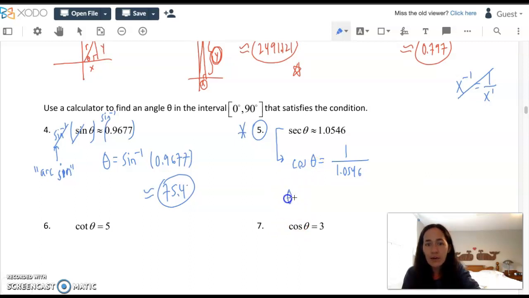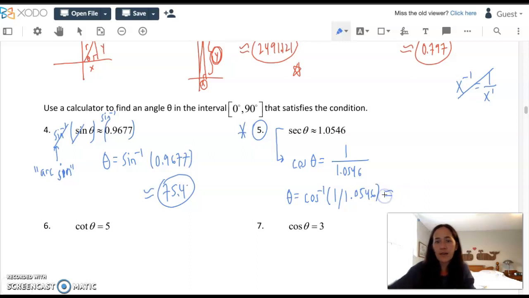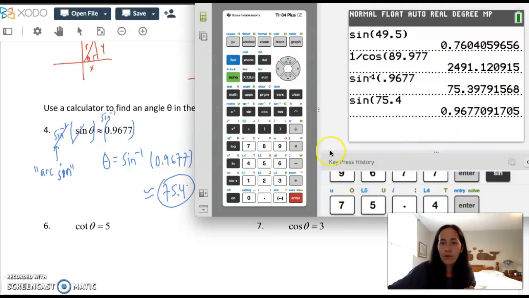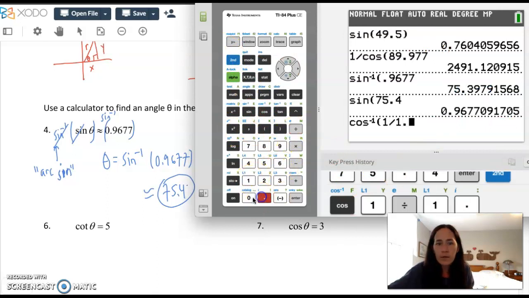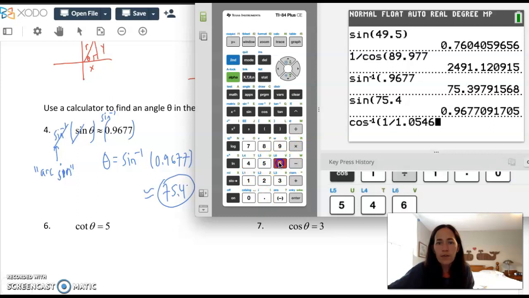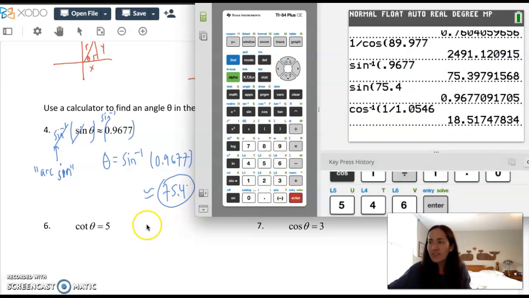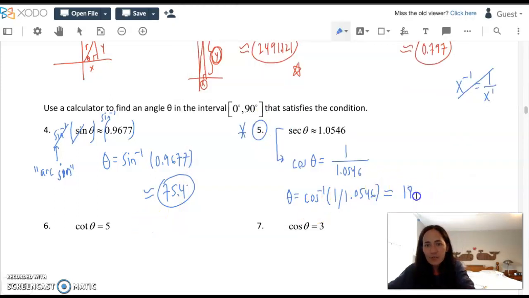That means I need to use the second and cosine key, the inverse cosine of 1 over 1.0546. Let's go back to the calculator. So inverse cosine first before you do the 1 over, second and cosine, 1 over, what was the number? 1.0546. Hit enter, and you get the angle, 18.5 degrees when rounded.